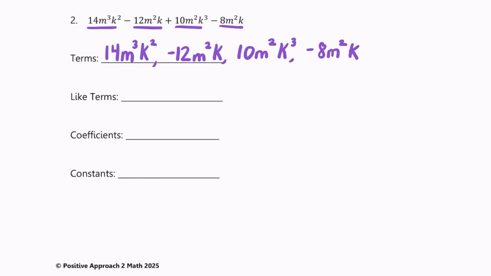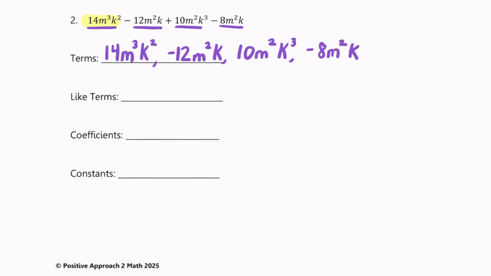It can't be that we just see m and k and we can combine them, or let's add all of their exponents and see if it adds to the same. So I only see one thing with an m cubed, and I'm going to get my highlighter here. This is the only thing with an m cubed. So there will be no like terms with this 14m cubed k squared because there is no other m cubed.